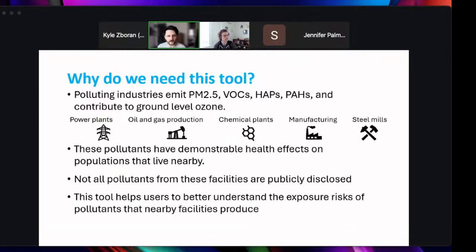So this will hopefully help to characterize better what those pollutants might be, either by tracing their health effects or where they're expected to be emitted from. And so this helps to better understand the exposure risks in that way.